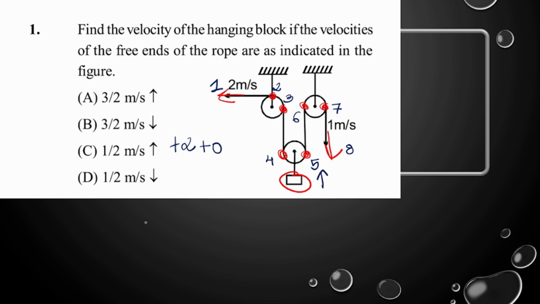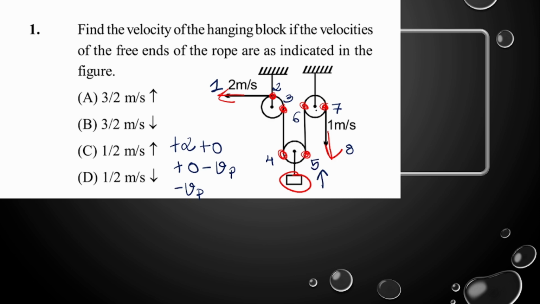We write the velocity of point number 1 as plus 2, of point 2 as plus 0, point 3 as 0. Point 4 is moving upward, so it is decreasing the length, so I am writing it as minus velocity of pulley. Point number 5 is again decreasing the length, so that is minus velocity of pulley.